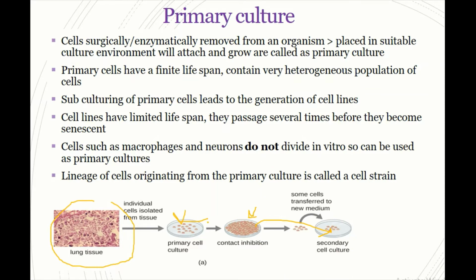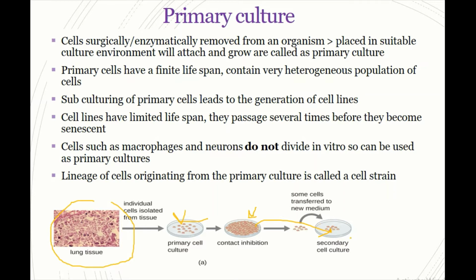Usually these cells will be heterogeneous in nature, because they are coming from an organ, so they are all different. They have various characteristics. They also have a finite lifespan because they are not able to survive for very long. So we do the process of subculturing so that we can continue generating cell lines.